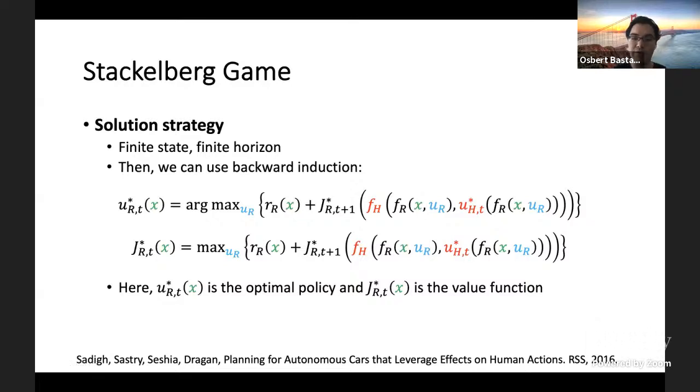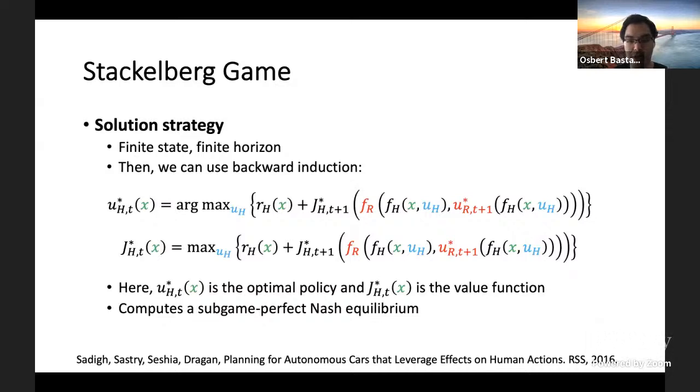And because we're going backwards in time when we solve this, it's a function of the future cumulative reward of the robot, J star RT, the value function of the robot from time t, as well as the human optimal policy UHT, which is shown in red here. And that's because the human is moving after the robot. So the robot's policy on the current step is a function of what the human is going to do on the next step.